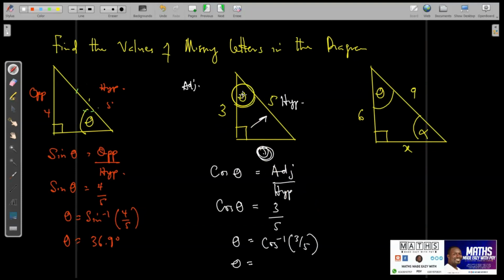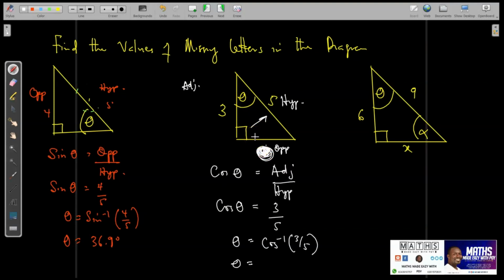So from the position of the angle theta, as we see here, the adjacent side is 3. That's why I placed this dot here. If there should have been a value here, then that value would have been opposite to theta. Let's assume that you are standing at theta and I'm standing at the dot here. Then we'll be facing each other. When we are facing each other, we are opposite to each other.